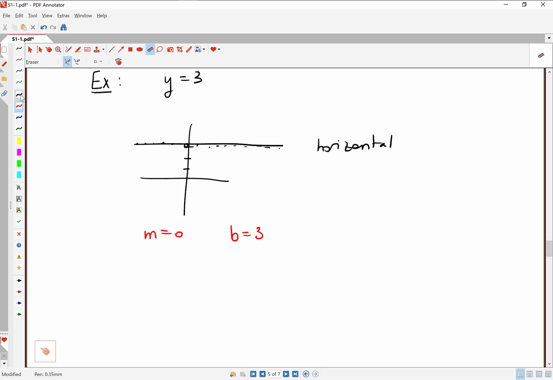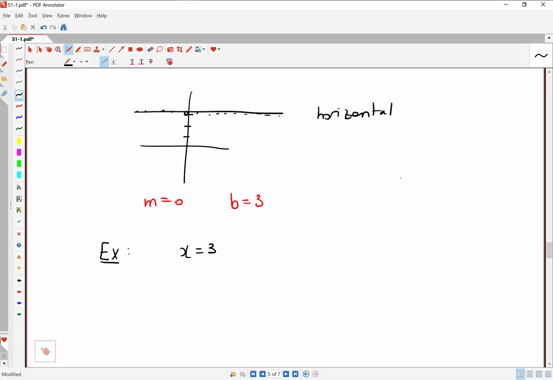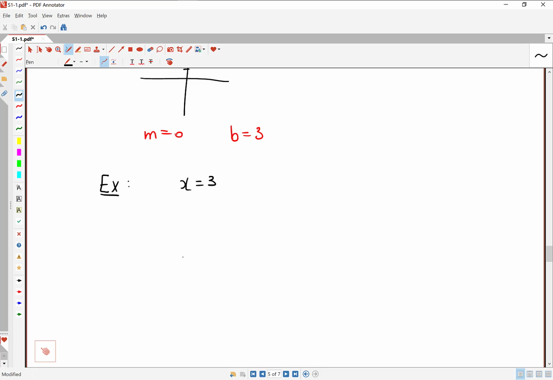And then let's talk about the other special case, which is vertical line. So a vertical line has an equation like x equals something, x equal 3, for example. So if you plot all the points that have x equal 3, here's x equal 3, so you'd be capturing all these points here. And if you capture all the points that lie on that line, you're getting a line that looks like this.